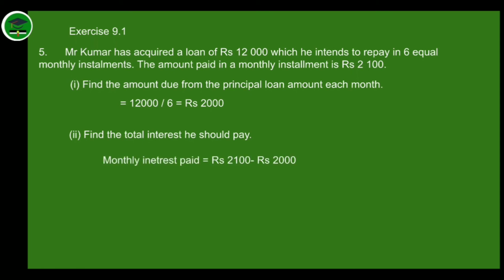How can you find? 2,100 minus 2,000, that is 100. That is monthly interest paid. Then we need to find the total interest. How can you find? Multiply it by 6.